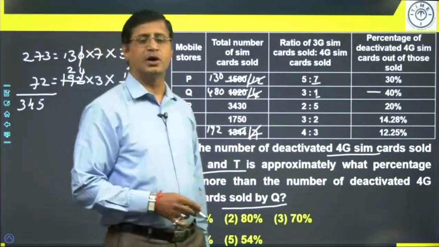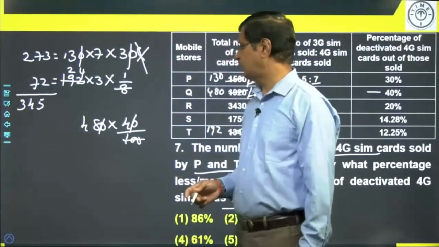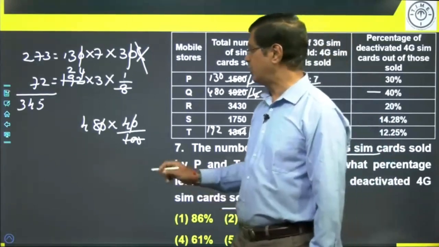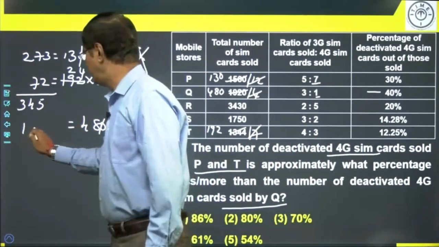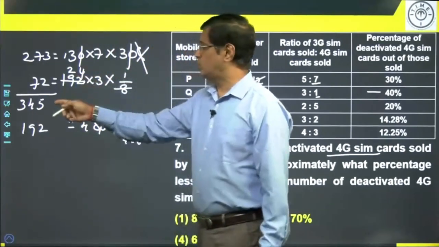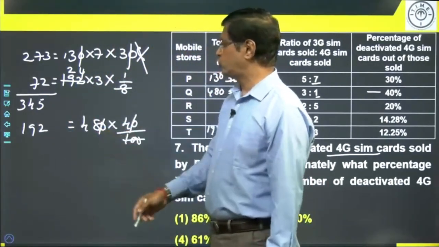So 4 times 40 is 160, plus 32, that is 192. So P and T together is 345 and Q is equal to 192.